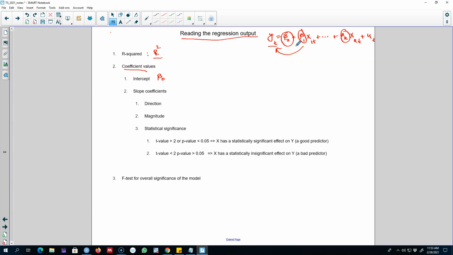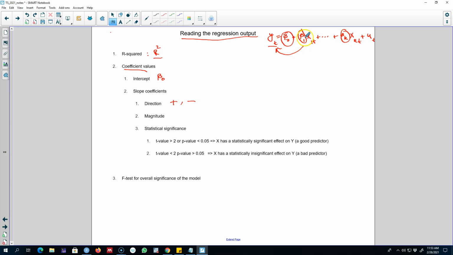Now, when you estimate a regression model, each of these slope coefficients will show you three types of relationships between x and y. The first is the direction of the relationship between variable x and variable y, and it is shown by whether each estimated beta coefficient is positive or negative.